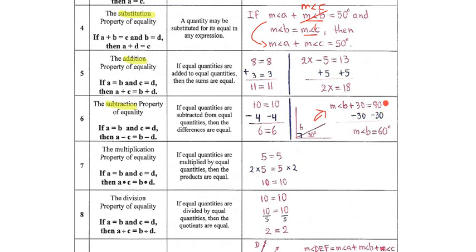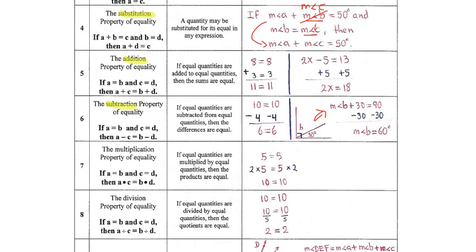And if we want to solve for the measure of angle B, what we have to do is subtract 30 on both sides. And so the measure of angle B is 60. And in this case, we're using the subtraction property of equality.